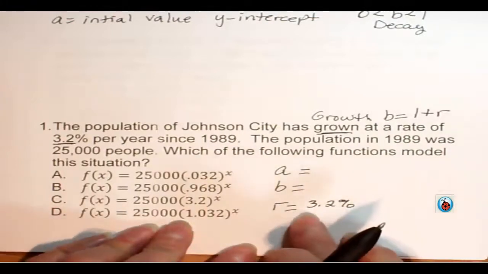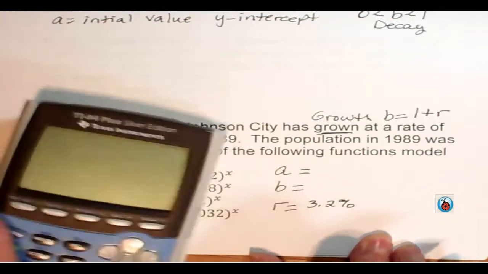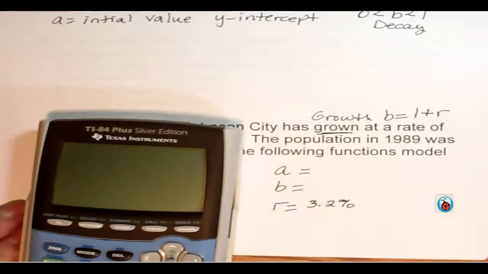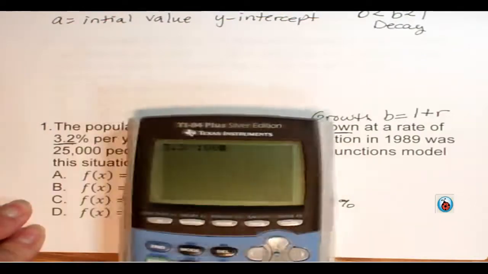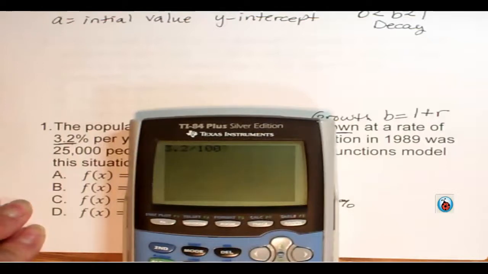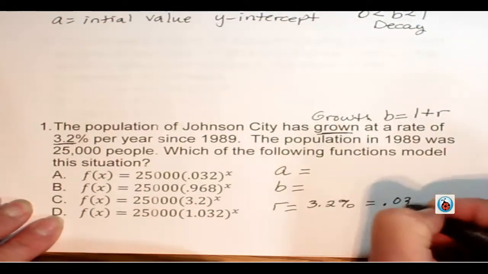Okay, you can either move it 2 places to the left, or you can take your calculator, even your cell phone calculator, and go 3.2 divided by 100. Press enter, and it gives you 0.032.